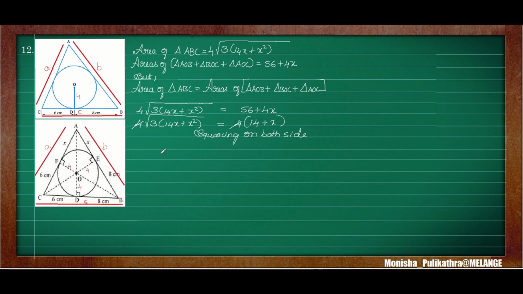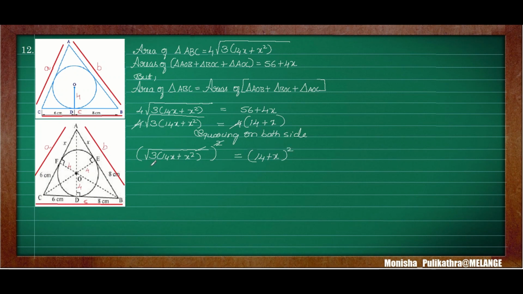So squaring on both sides, what will it become? Square root of 3 into 14x plus x square, where I will be squaring it. So here square root and square cancel each other. Here 14 plus x whole square, since I have squared both sides.